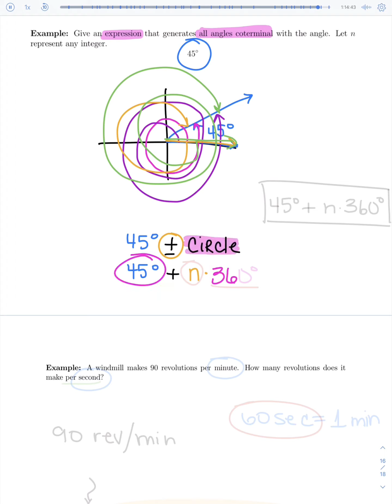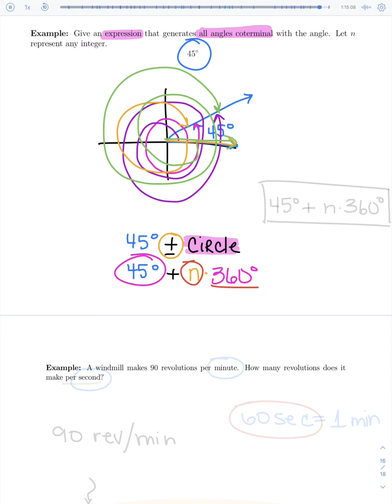They have 360 degrees. So what this is saying is take your 45 degrees and add a number n of circles. You can either use a positive n or a negative n. It means you're going to either add circles or take away circles. n will be the number of circles you're either adding or taking away, based on if it's positive or negative.